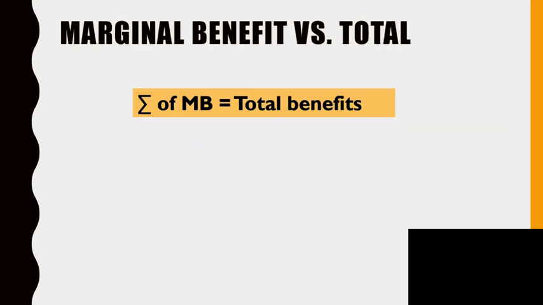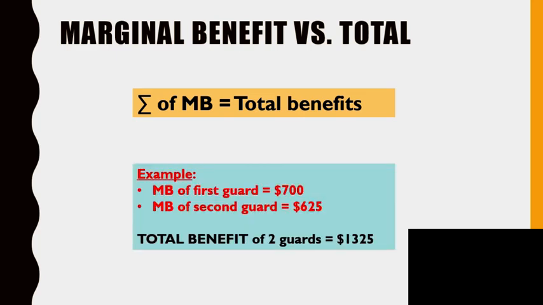So we have a very simple equation that explains where total benefits comes from. We take the sum of the individual marginal benefits, and that gives us total benefits. So the sum of the marginal benefits gives us total benefits. So marginal benefit of the first guard, if we go back to our first lecture, was 700.